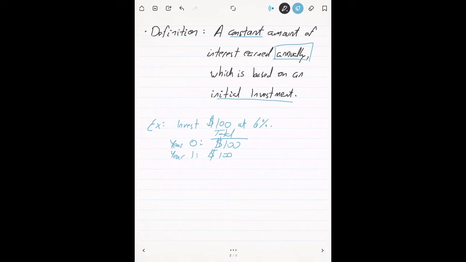You haven't lost that. But the bank has also added 6% of your initial, oh, I'm running out of room. You know what's another word for initial investment? Principal.